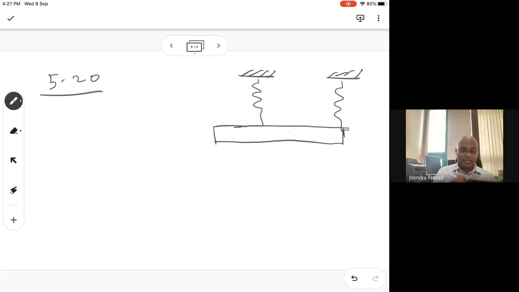This is the center C, and then you have L over 4, and L over 2.